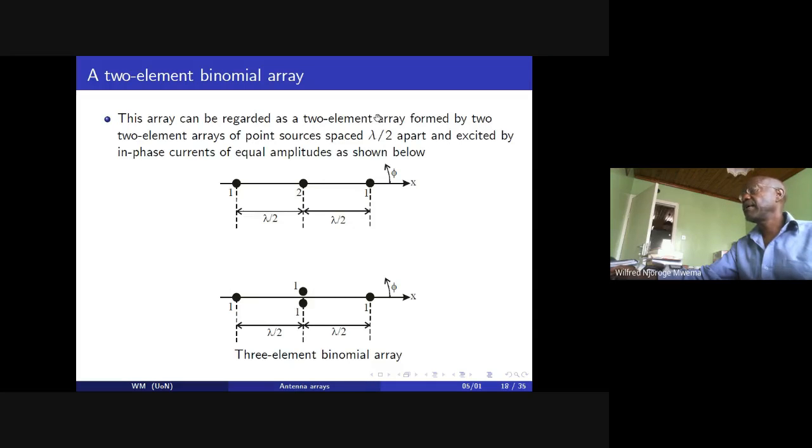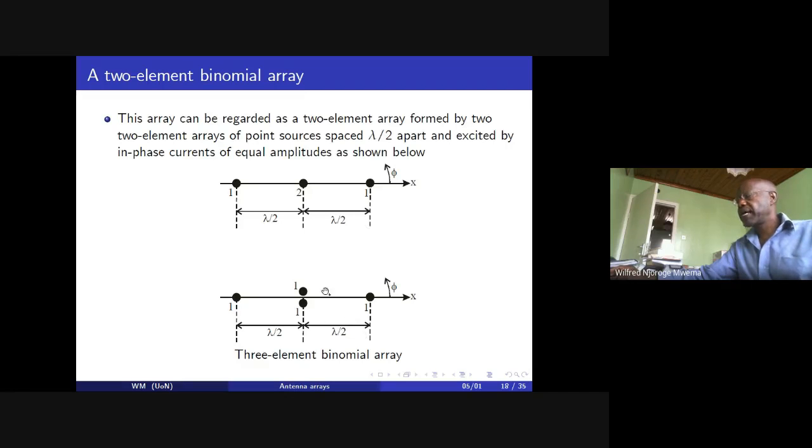A 2-element array formed by elements that are themselves 2-element arrays of point sources, all spaced at λ/2 apart and excited by in-phase currents with equal amplitude as shown. That is, we'll have the first antenna here with a normalized current of unity, the second element there with a normalized current of 2, and the third element with a normalized current amplitude of unity, and they are all spaced λ/2.